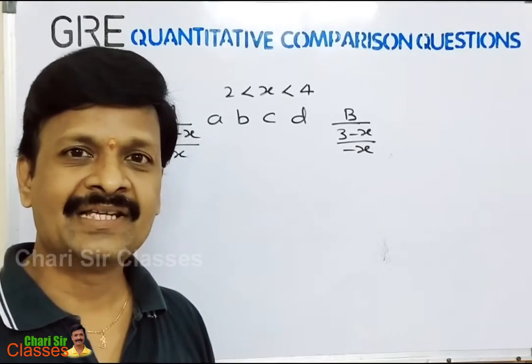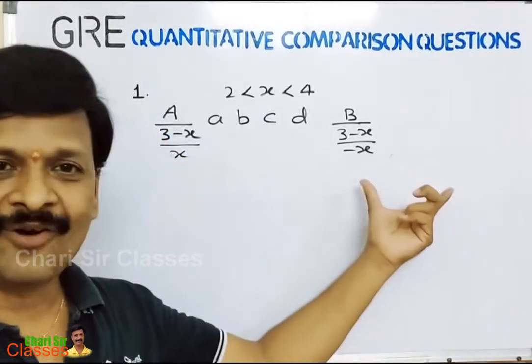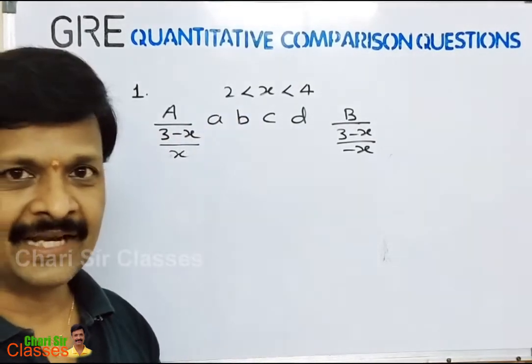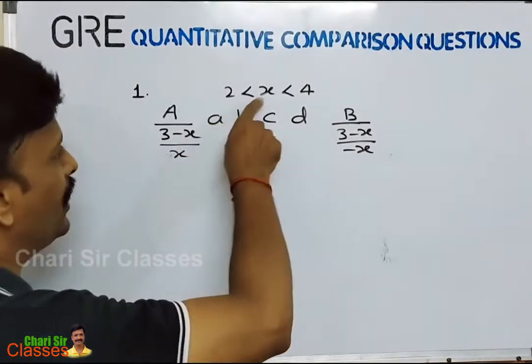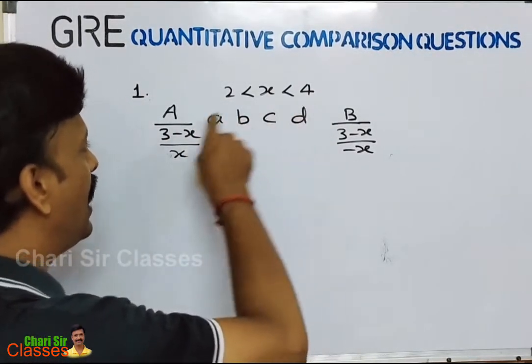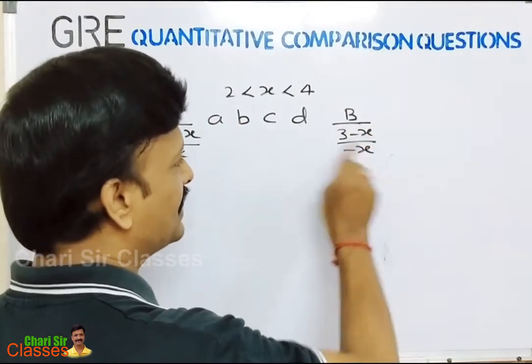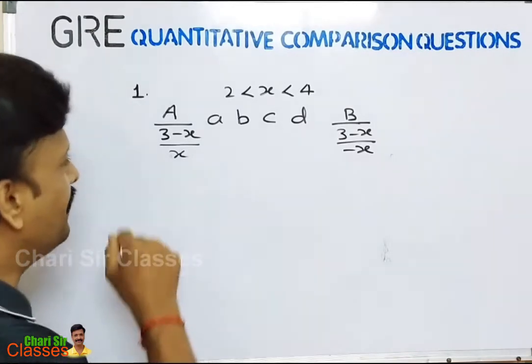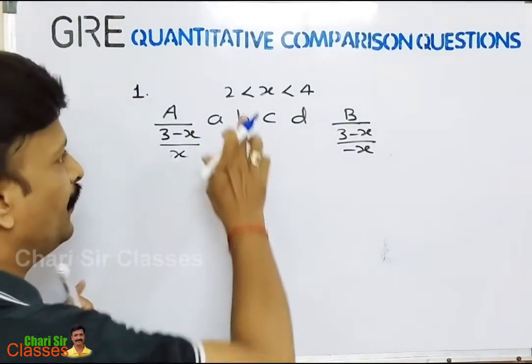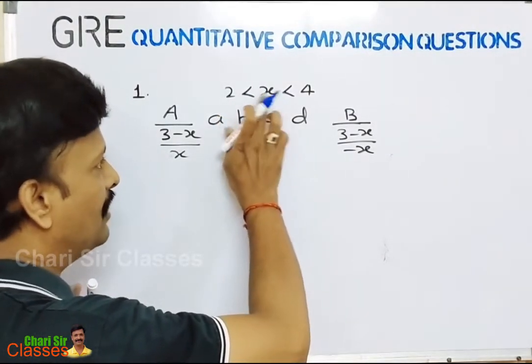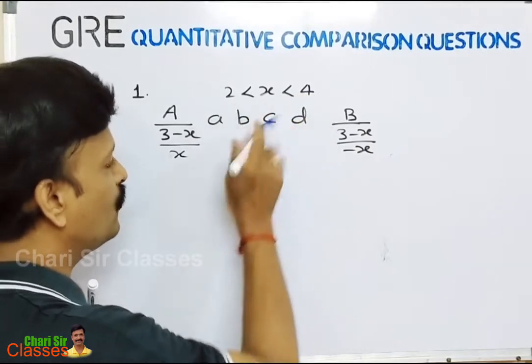Quantitative comparison questions are always given with quantity A and quantity B and with some information. Like this, see here: x lies between 2 and 4, quantity A is (3 minus x) by x, quantity B is (3 minus x) by minus x. Here we need to substitute x values between 2 and 4.